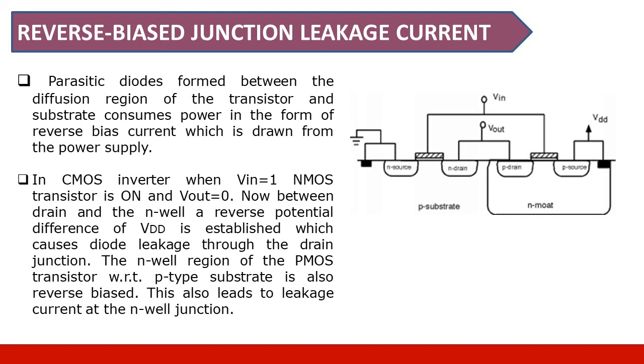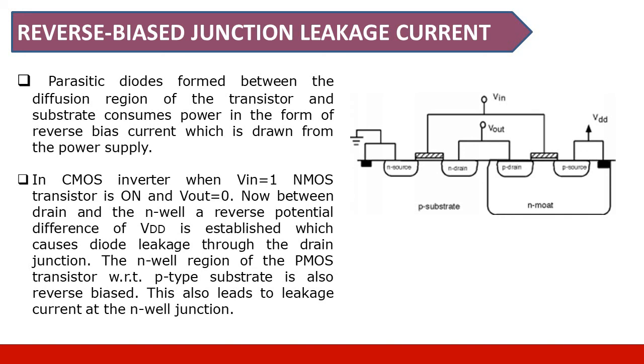Now between the drain and the N well, a reverse potential of VDD is established. This drain is connected to VDD, and the N well region of the PMOS transistor with respect to the P-type substrate is reverse biased.